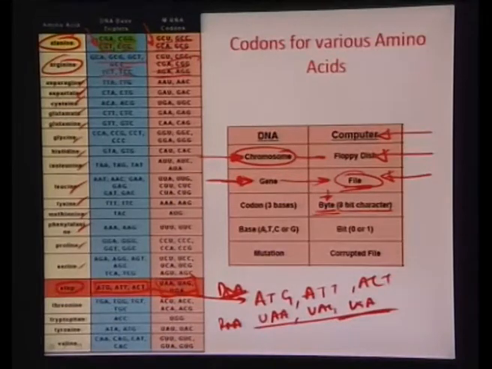So the bit here is essentially either a 0 or a 1. Correspondingly, if you look into a gene, really it is the codon of these 3 base pairs on the mRNA which comprises the same information as is there on a byte which can correlate to a file.